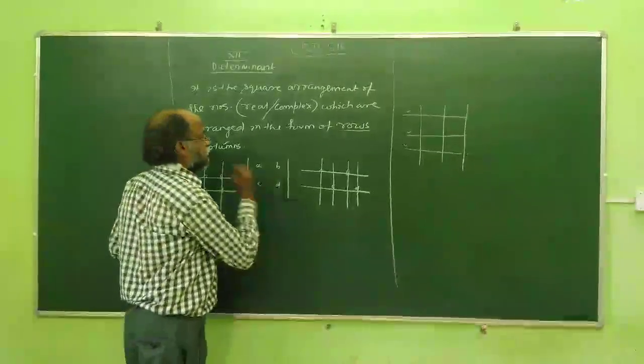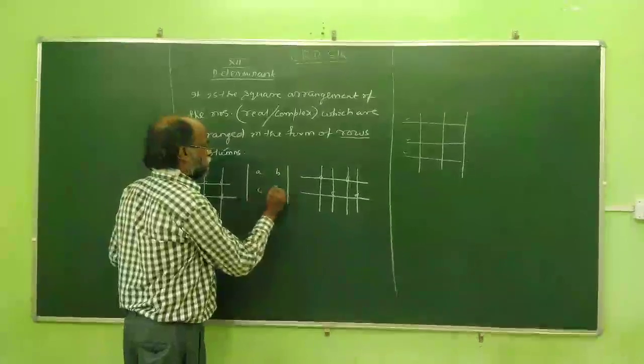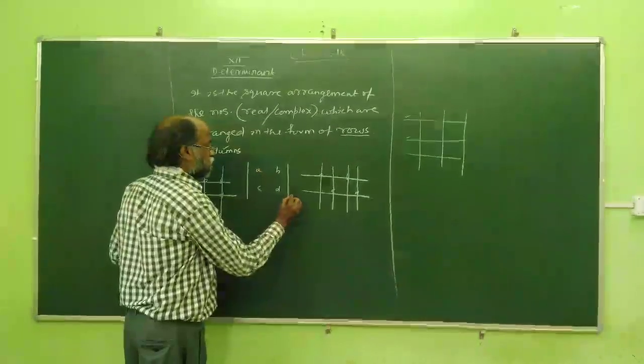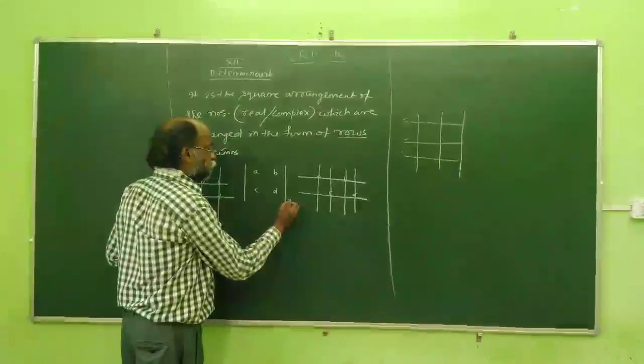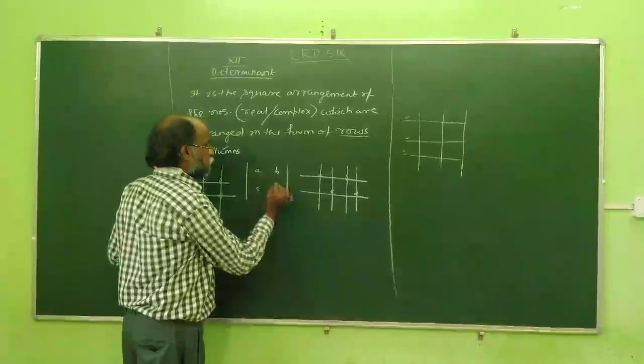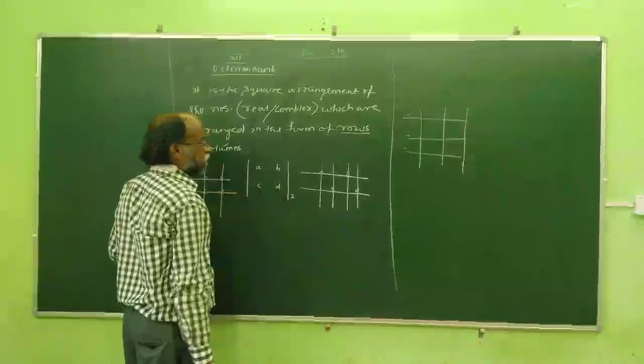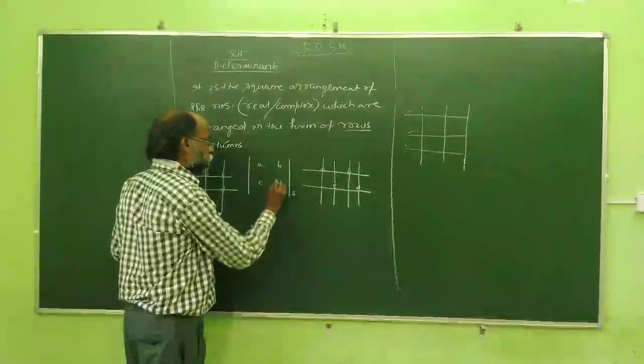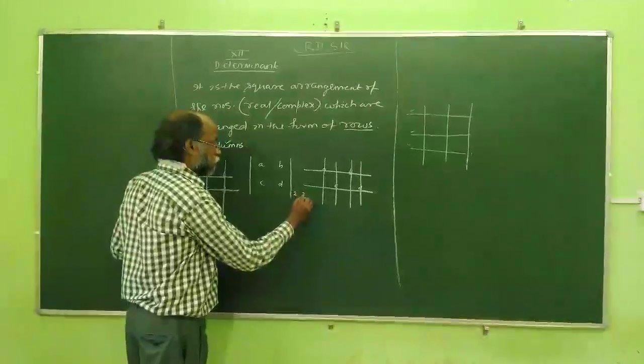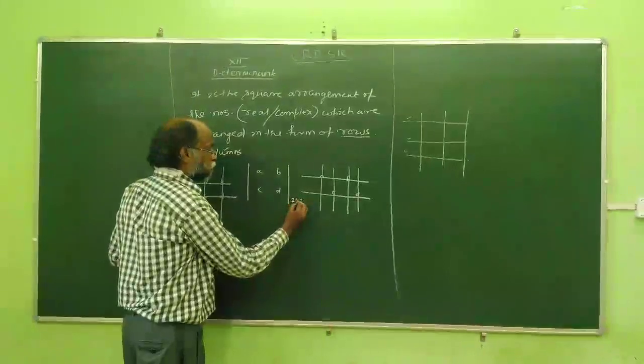Then what is the order? How many rows are there? 2. So first we have to write the number for rows. Number of rows is 2. So I am writing 2. Number of columns is 2. You have to write 2 here. And put a cross mark here.